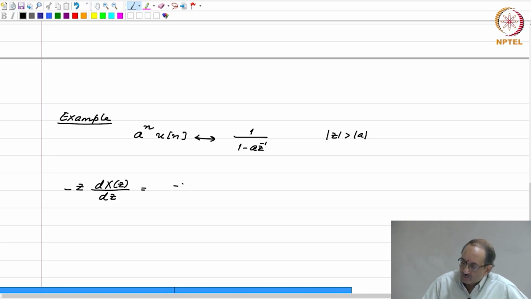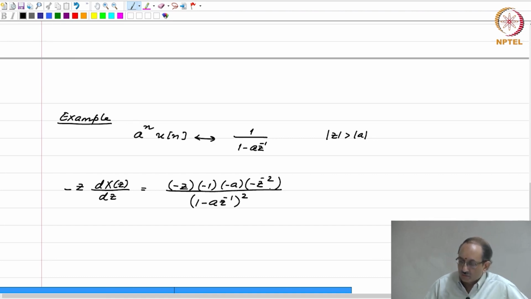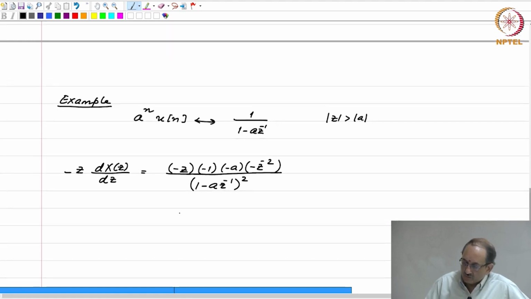So, this is minus z. So, you need to differentiate this. So, this has minus 1 by 1 minus az inverse power minus 2. So, that becomes this, and then you need to differentiate this, and this becomes minus z power minus 2. All I have done is just simple differentiation.